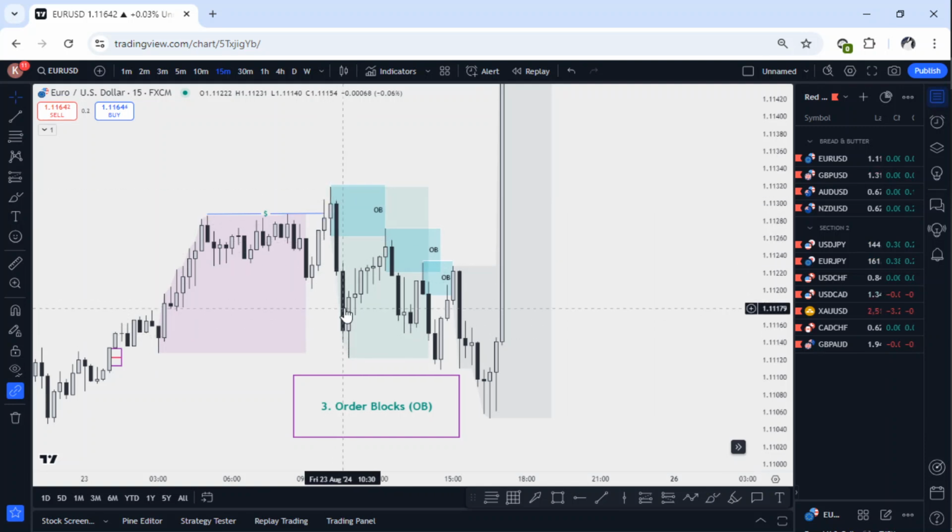So we wait for the market to pull back, and you can see when it pulls back choppily like this, it means that these are small institutions. But upon tapping the order block, the last candle before the opposite move, immediately it touches that order block, you can see another aggressive move away from it, and then it causes maybe a break of structure, or just a pullback to it again, another order block.